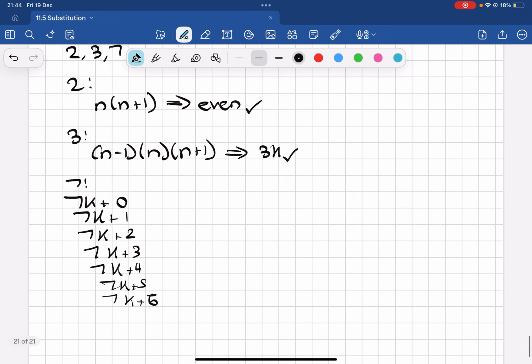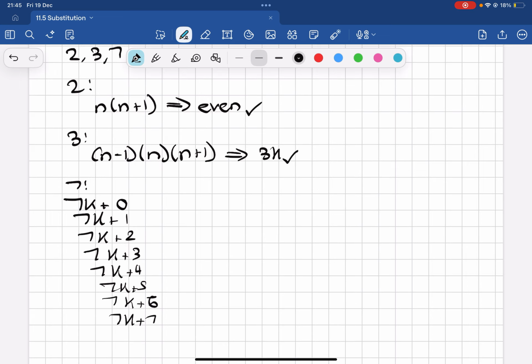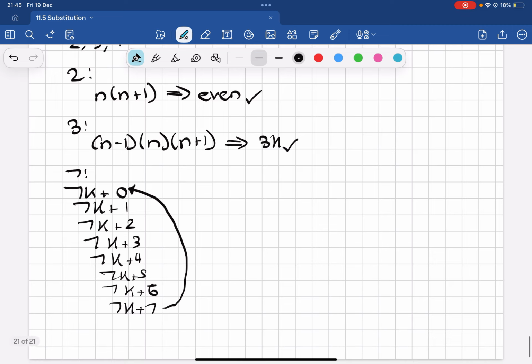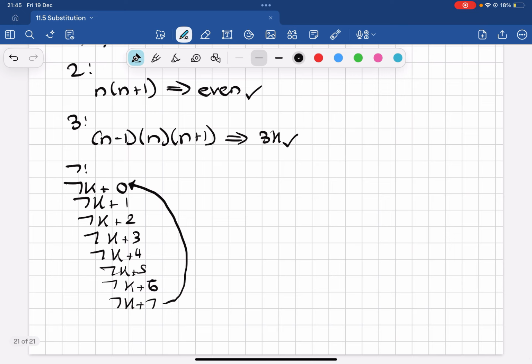Because when we have 7k plus 7, we take the mod of this, 7k plus 7 is congruent to 7k plus 0 mod 7. So if you take the mod of all of these expressions, we get 1, 2, 3, 4, 5, 6, and again 0.